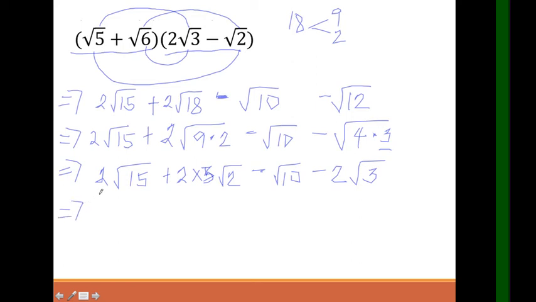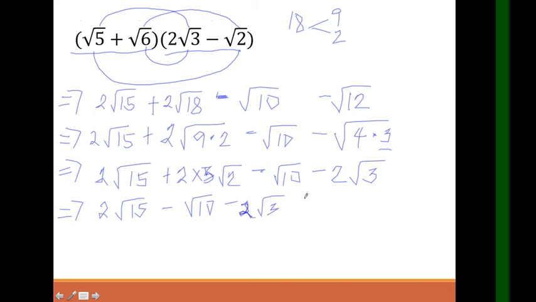So we have, okay, ayusin natin sila in a descending order. So we have 2 square root of 15 minus square root of 10 minus 2 square root of 3.